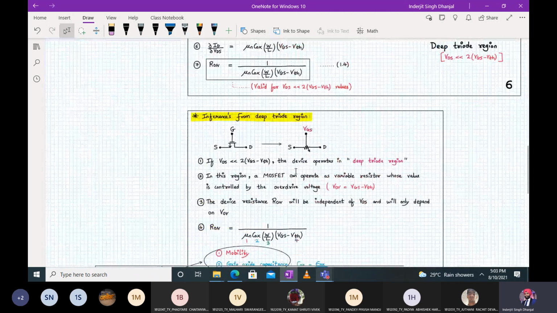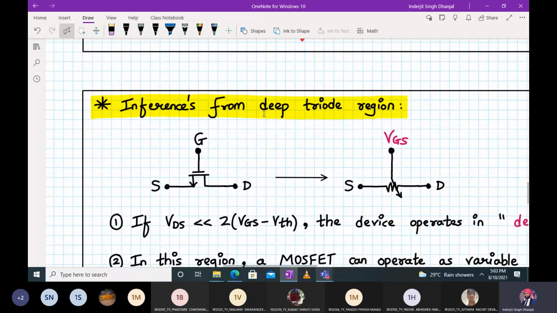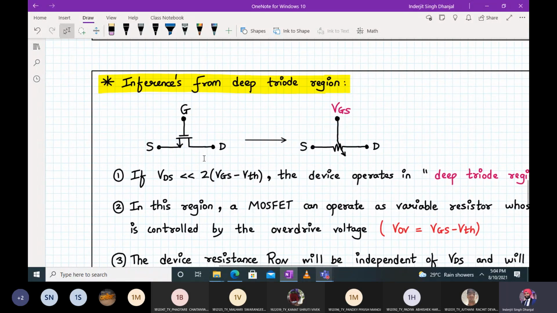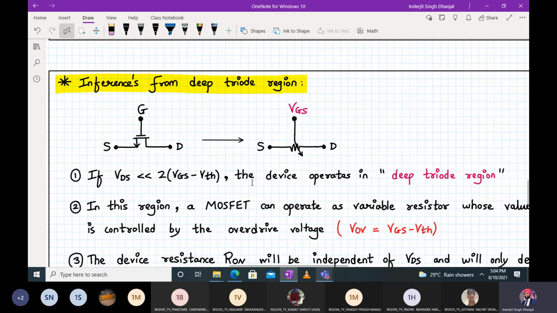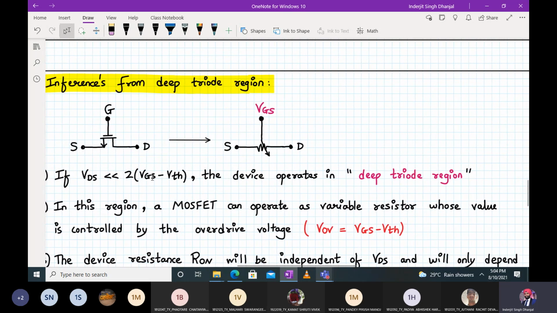So what are our inferences from the deep triode region? What we can do is, between the source and drain, we can represent it as a resistor, which is controlled by VGS. That goes without saying that if VDS is less than twice VGS minus VTH, the device operates in the deep triode region.